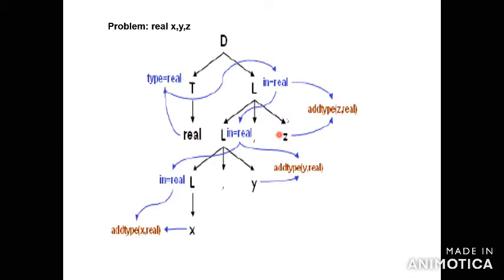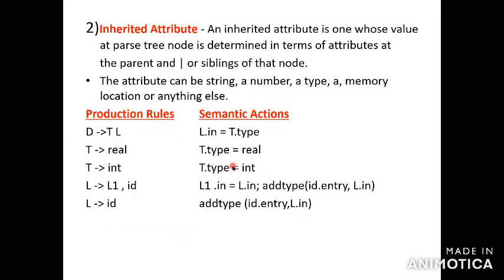Then check the next thing. Real will be declared. Next one, x, y, z. Now we can check L.in, add type is id.entry, L.in. L is an identifier, but based on the given input string real x, y, z, you have to choose these production rules.